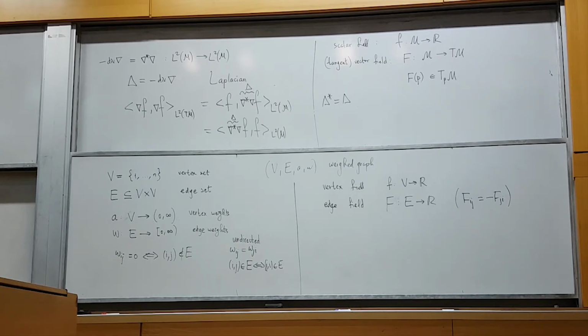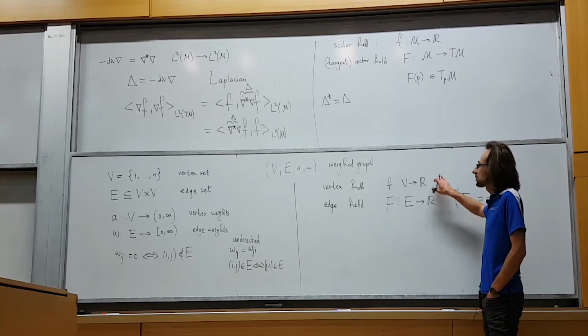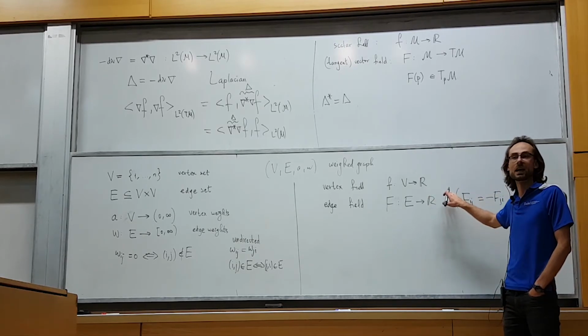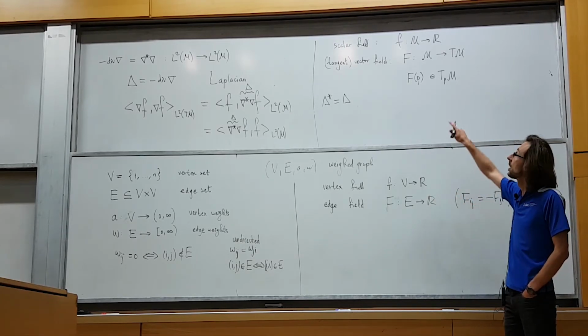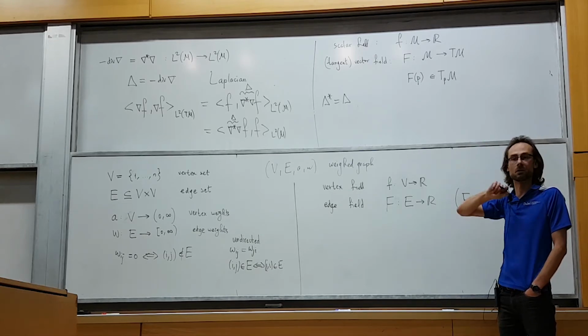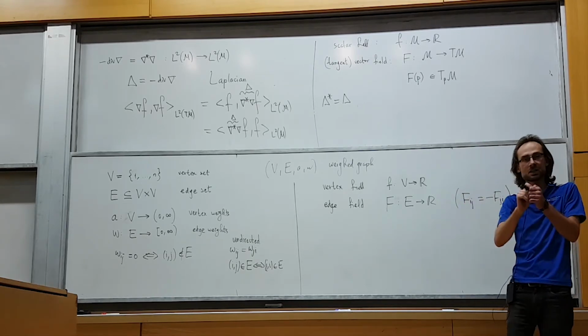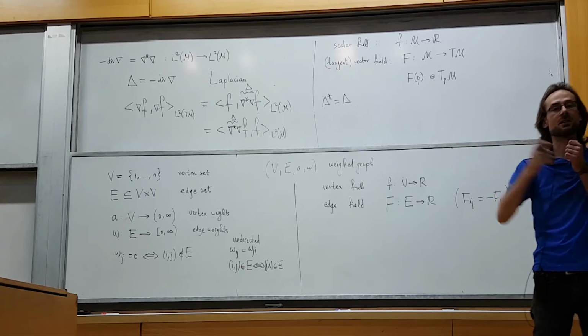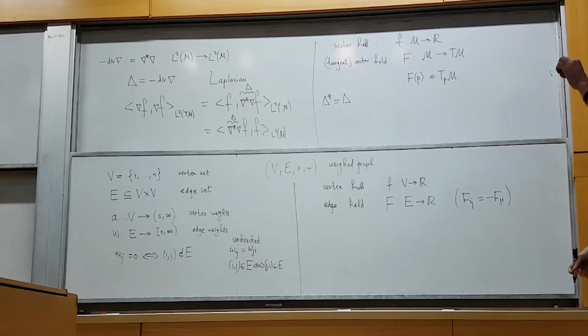It can be a space of scalars, a space of vectors, a space of tensors, it doesn't matter. It's called a field. Okay? So this is called an edge field, and these two objects, think of them as a discrete analog of scalar and vector fields on manifolds. So edges represent directions, vectors, and vertices represent scalar values, basically points.